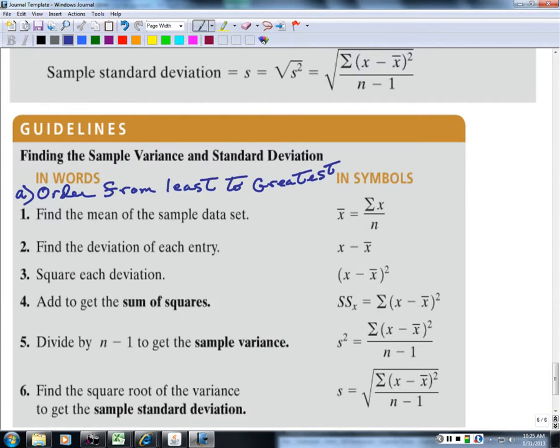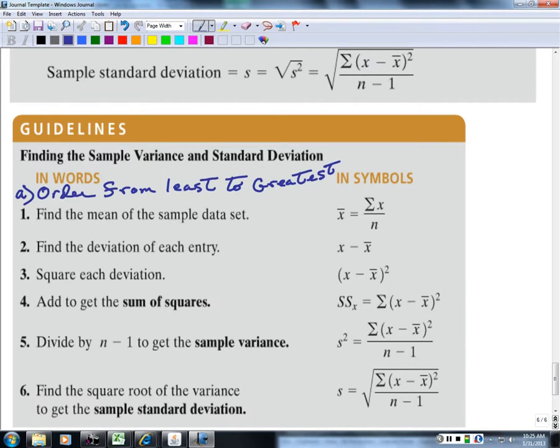Instead of big N, we use little n. Then we're going to find the deviation of each entry, x minus x bar. You're going to square each deviation. Then you're going to find the sum of the squares. Then you're going to divide the sum of the squares by n minus 1 to get the sample variance. Then you're going to take the square root of the sample variance to get the standard deviation.